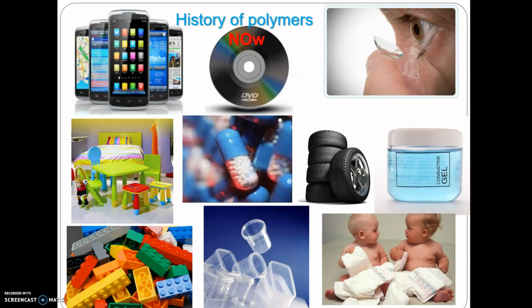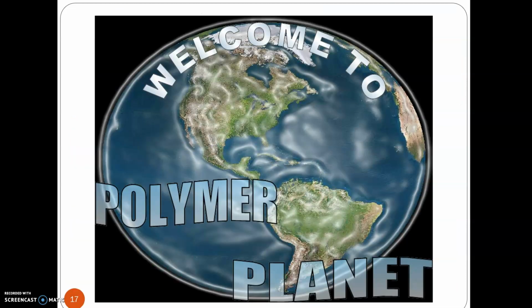So now it's your turn. What will you invent for us once you are in the polymer domain? So welcome to Polymer Planet, my dear students, and we are waiting for you to invent for us new materials, new polymers having new properties designated for specific applications.